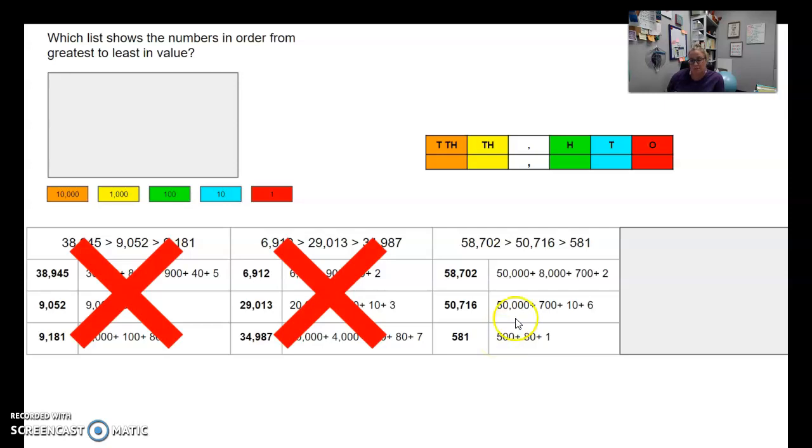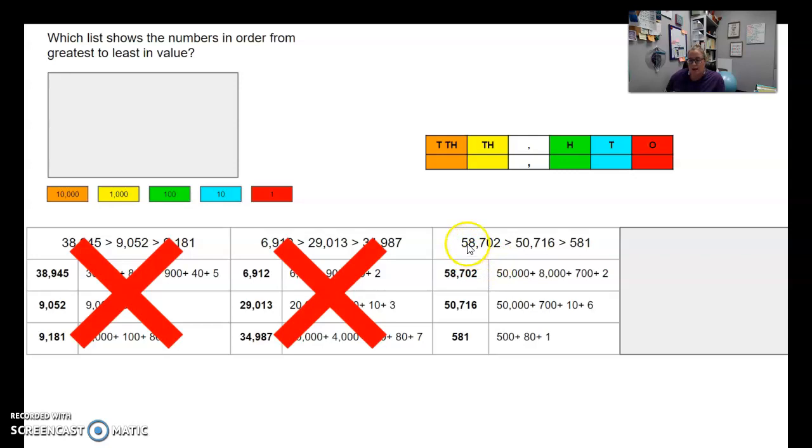So far I agree. 8,000, no thousands, no thousands. I still agree. 700, 700, no, 500. I still agree. So when we are looking at this, we can go place value by place value, and then we can compare it that way.